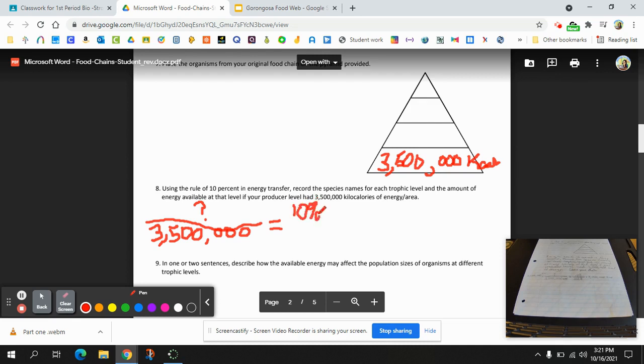Remember, it's always out of 100. That's what percentages are. And now you will multiply each side by the 3,500,000.